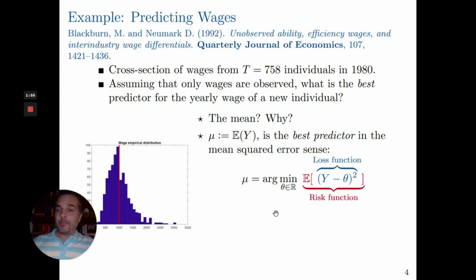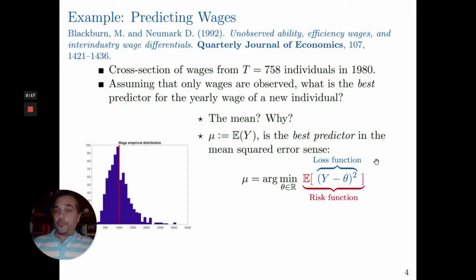So if we take the optimization problem, remember our previous block where I defined for you the risk function. So take this function here, that will be the expected value of the squared difference. So that's the loss function, and the expected value of the loss function is our risk function.